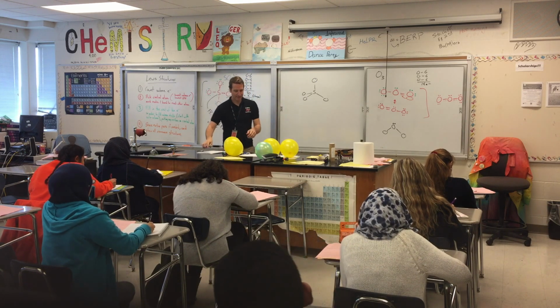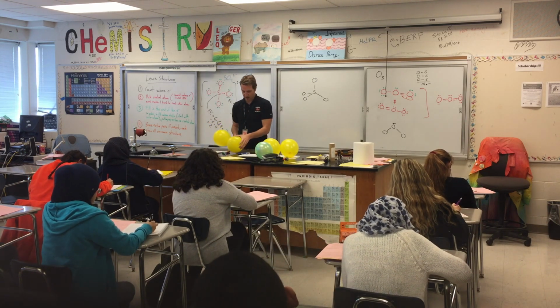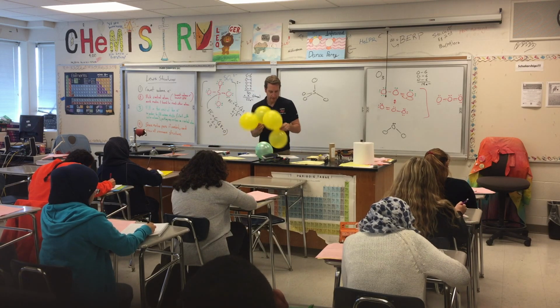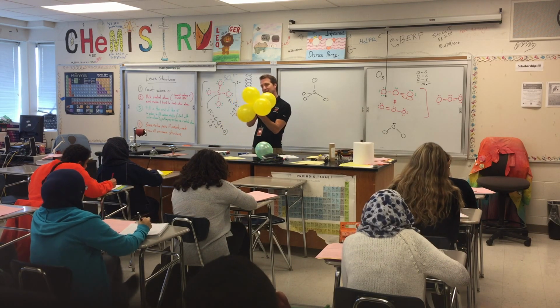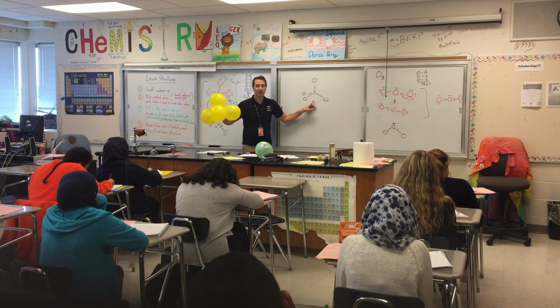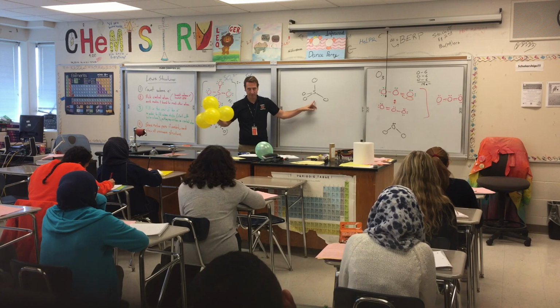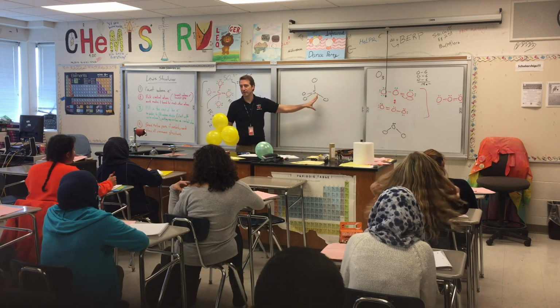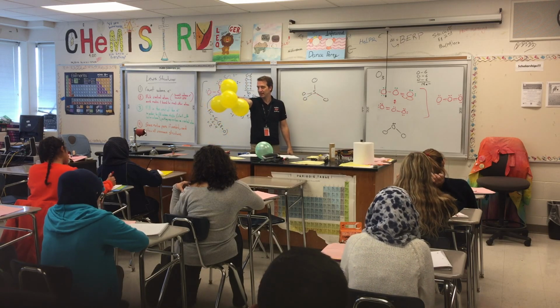Now sometimes chemists draw this thing in a little bit more complicated way, because if I put these balloons back together, this picture isn't perfectly showing this arrangement, because this is a 2-dimensional surface, right? But this is a 3-dimensional shape.